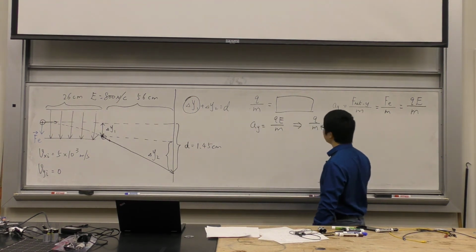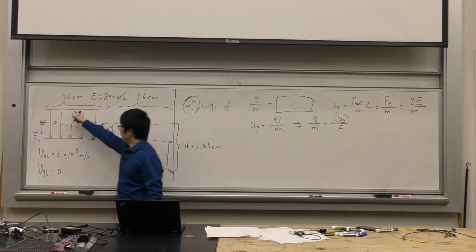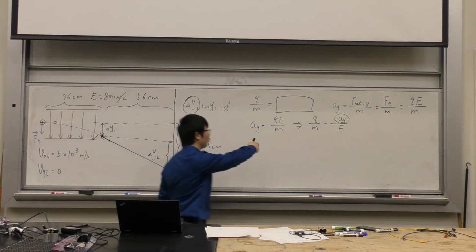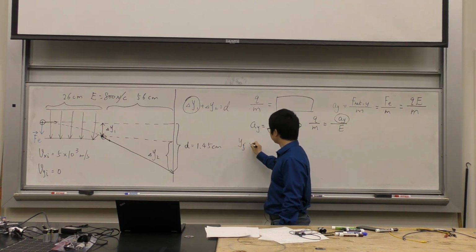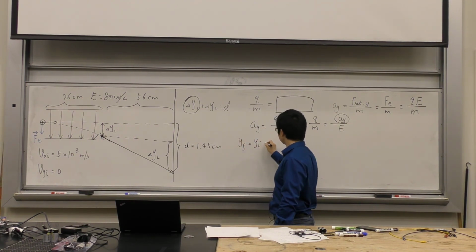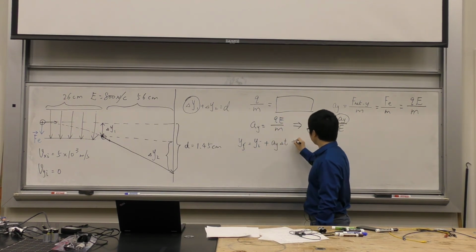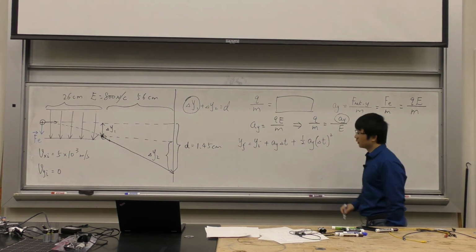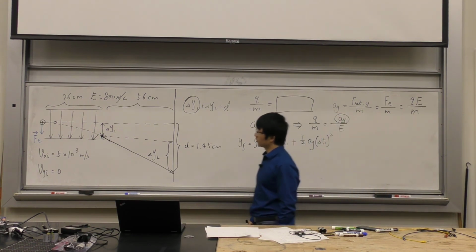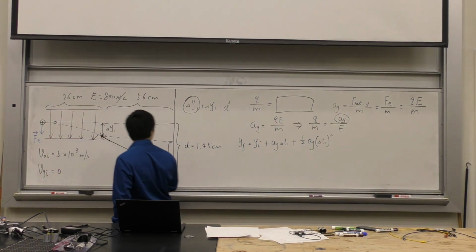Okay, so let's see. How do I connect this displacement in the y direction in this region with this a_y? Well, that's the second equation, right? The second equation is this: plus 1/2 a_y delta t squared. And in this question, the initial velocity in the y direction is 0, right?